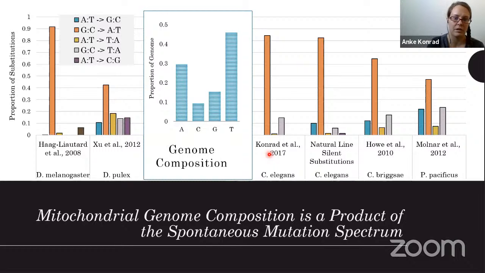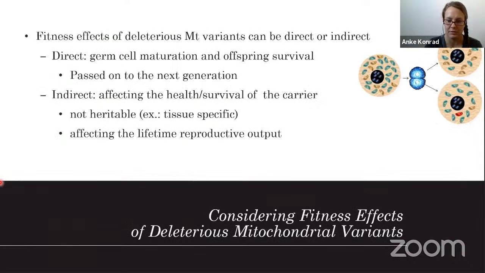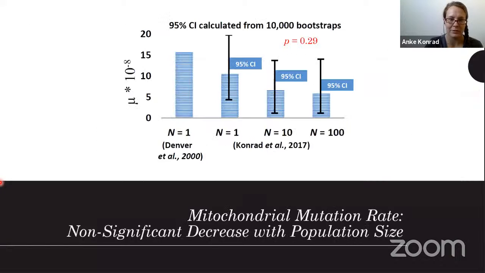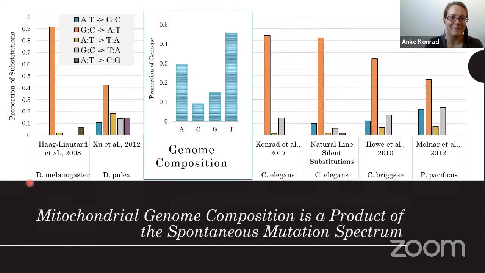And that is true across species from Drosophila, Daphnia, and the 3 different nematodes here, Pristionchus, C. briggsae, and C. elegans. In all cases, the mutational spectrum very well explains the genome composition.